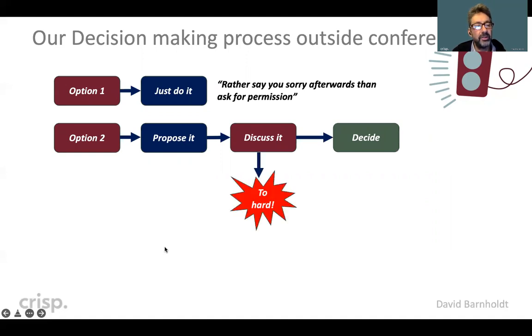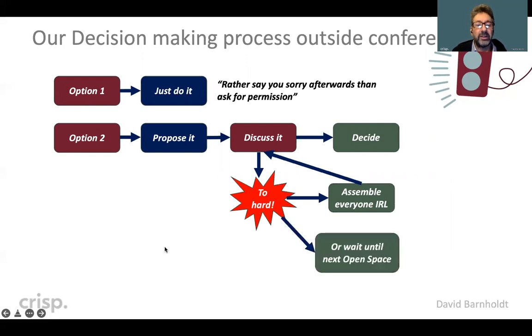If it's too hard to come to an agreement, maybe reassemble everybody if this is something important, IRL at our office, then discuss it there and decide. Or if it's too hard to assemble everyone IRL, wait until the next open space conference in between.